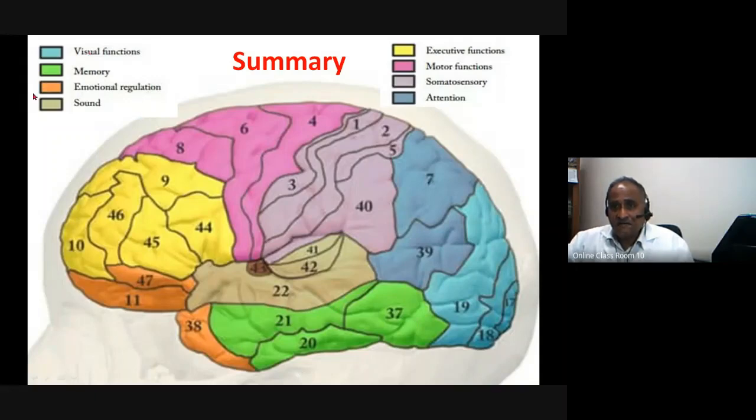And the orange-red is for emotional parts: part of the frontal cortex, part of the amygdala, and even inside, the cingulate cortex, the emotional regulation. This part here is sound or hearing. And area 43 is gustatory. So this is a summary of all the areas, color coded, and you can try to depict each one of them.